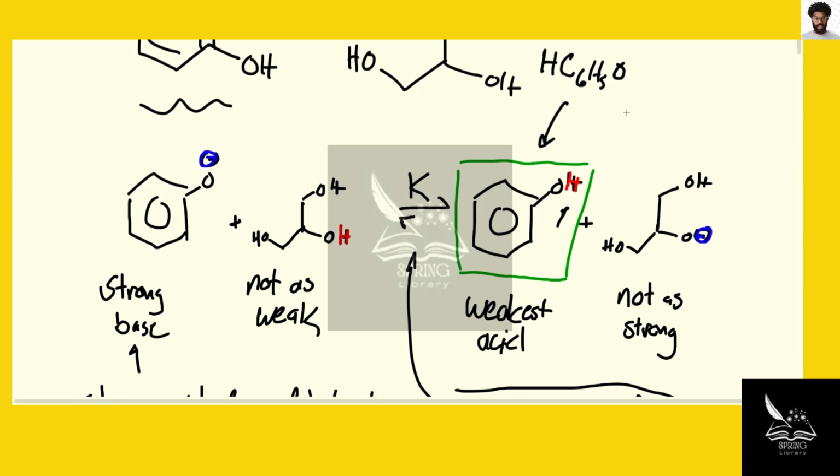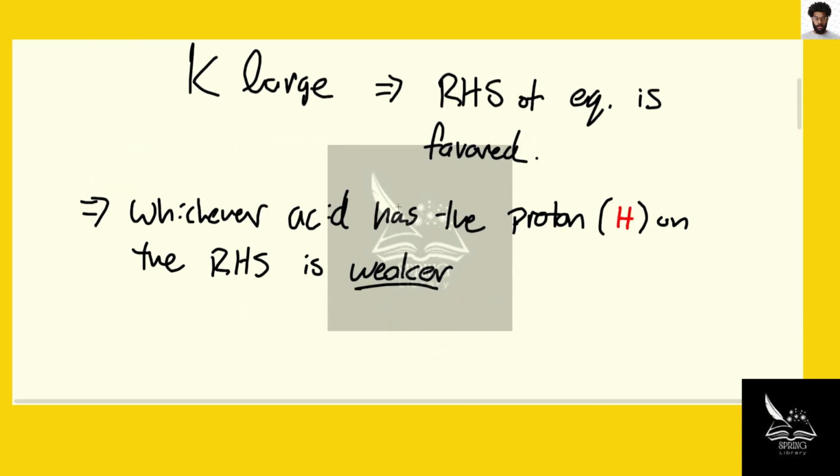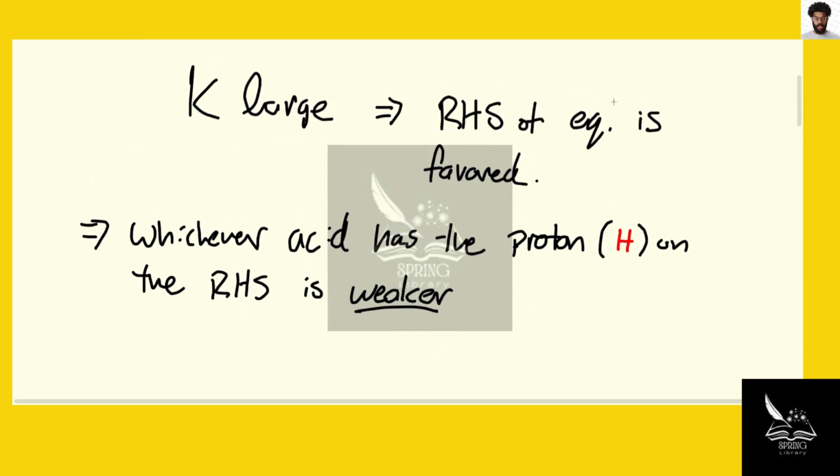That's the formula there. Typically, this would be written C6H5OH, but whatever. There you are. This is the reasoning. K is large, which means the right-hand side of the equilibrium is favored, which means whichever acid has the proton on the right-hand side must be the weaker acid.